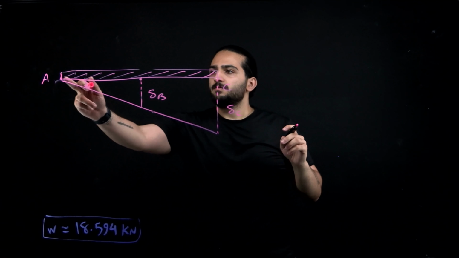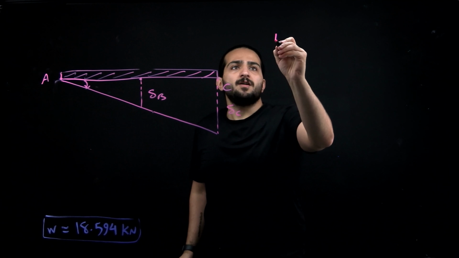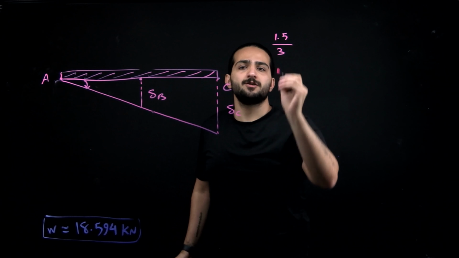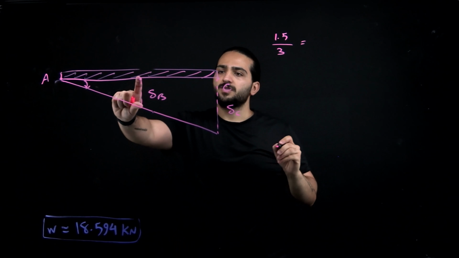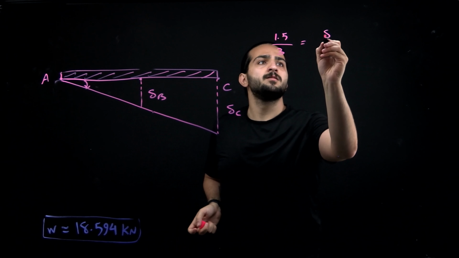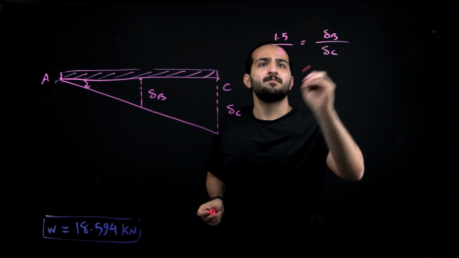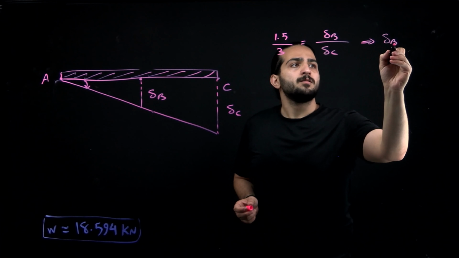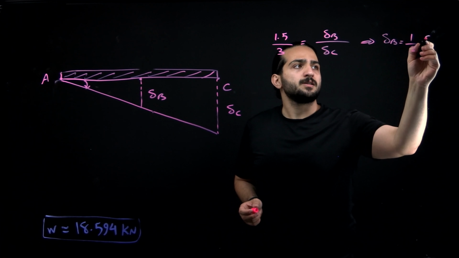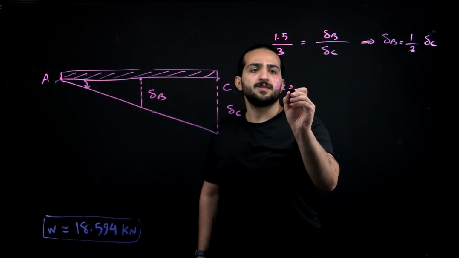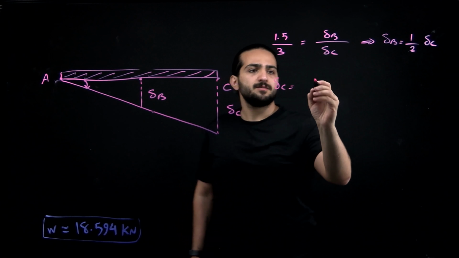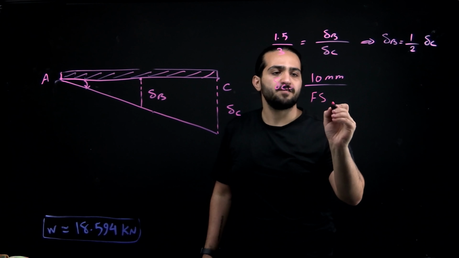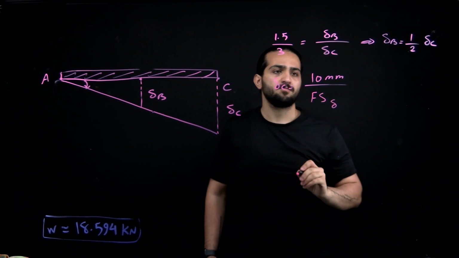So we know this is 1.5 meter, and the whole length is 3 meters, which is equal to delta B divided by delta C. So delta B is half of delta C. Delta C is equal to delta C maximum, which is 10 millimeters, divided by a factor of safety with respect to displacement.